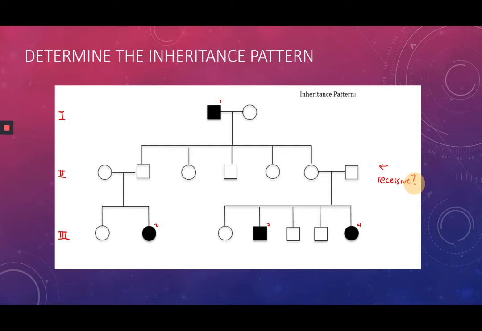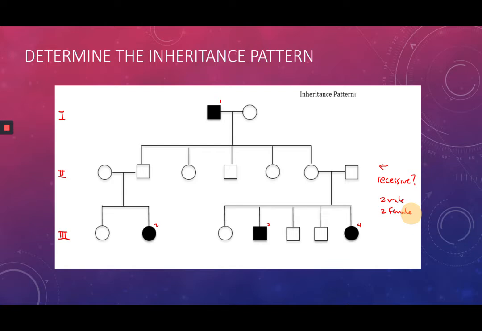Now, the next thing we look at is the number of affected individuals and what their genders are. We have 2 that are male and 2 that are female. Because it's a fairly even split.